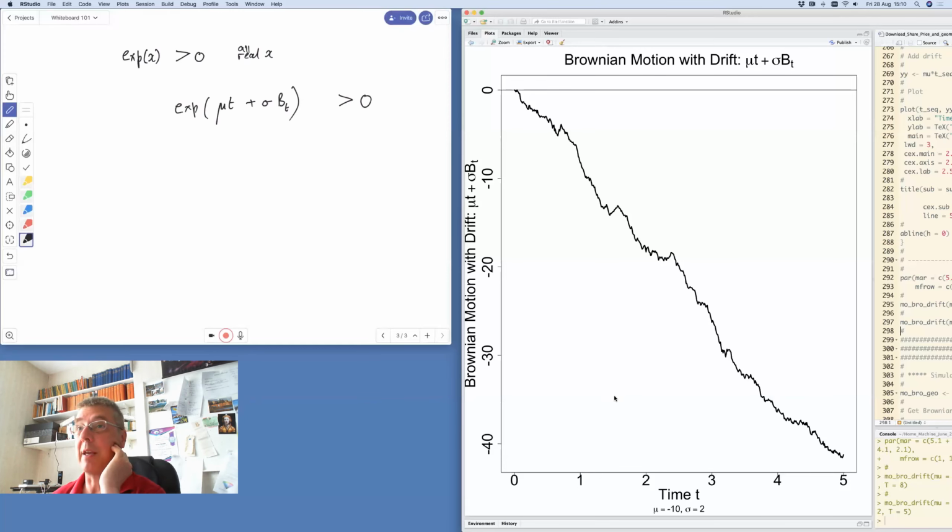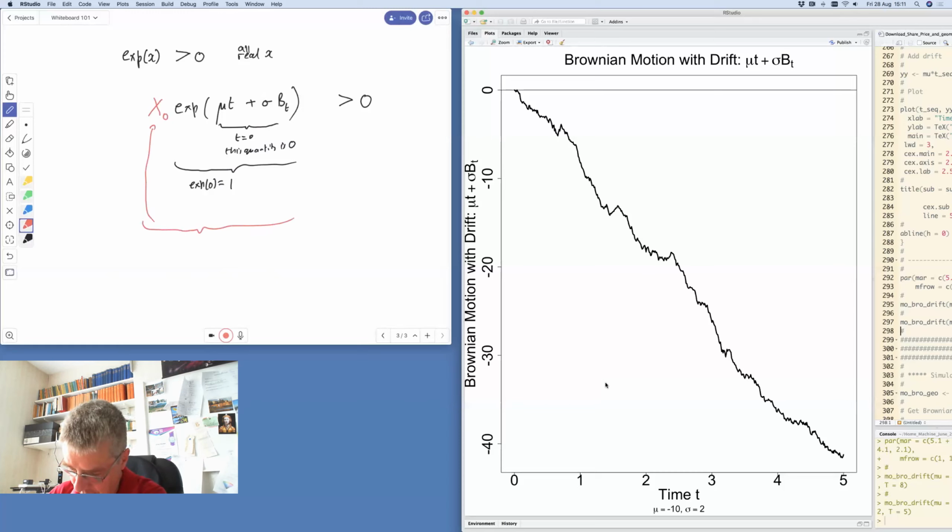You might like to work out for yourselves, just to show for yourself, that when t equals 0, then this quantity here is 0, which makes exp of the quantity 1, because exp of 0 is 1. So this model here, the exp of Brownian motion with drift, starts from 1. So therefore, it's multiplied by a constant x0 to allow it to start from any value.